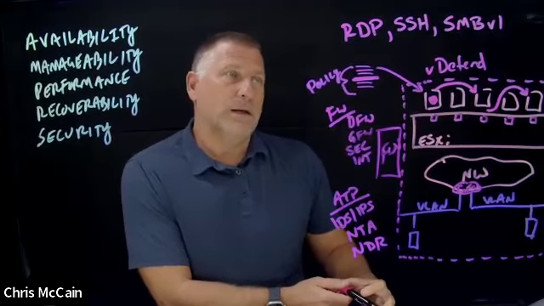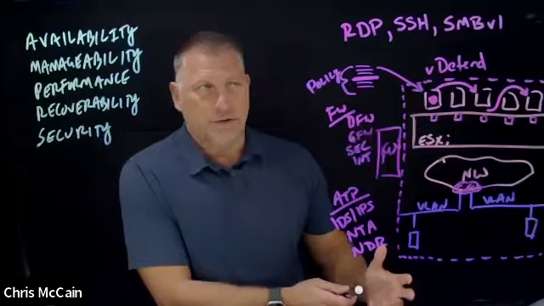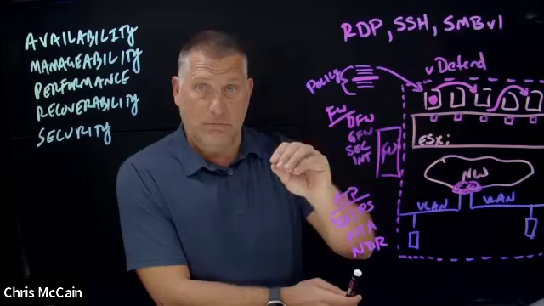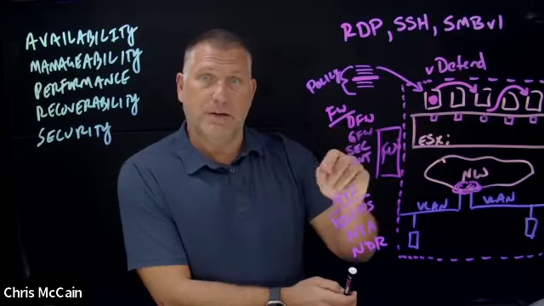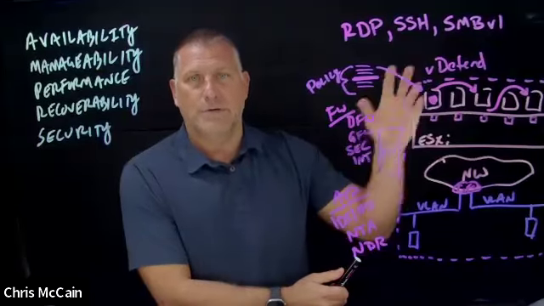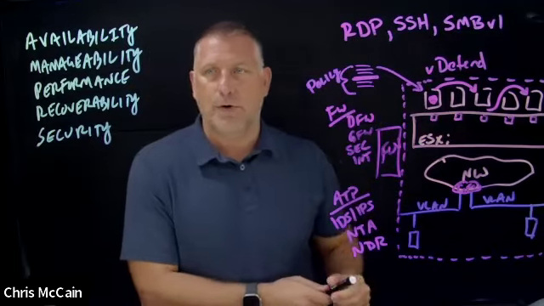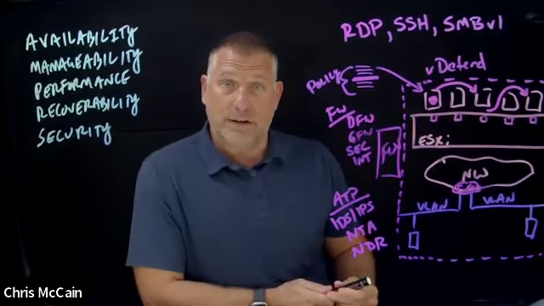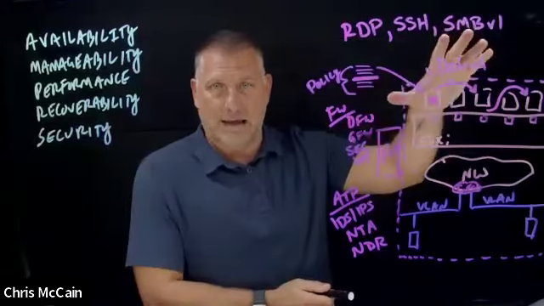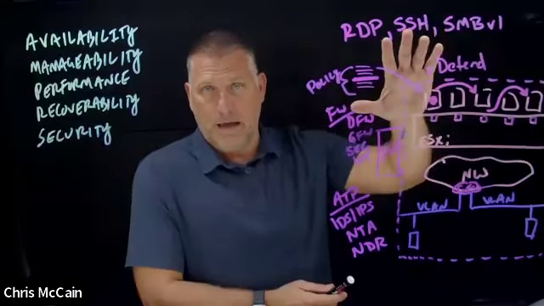So if RDP, SSH, and SMB are what an attacker is trying to use to move, then maybe if we just start there, we will have the ability to make an impact on the security posture, but it won't take us hundreds or thousands of hours. We won't need new staff, because these particular protocols are very predictable. We know how they are supposed to operate. So I'm not suggesting we block them, but I am suggesting strongly that we control them in the environment.